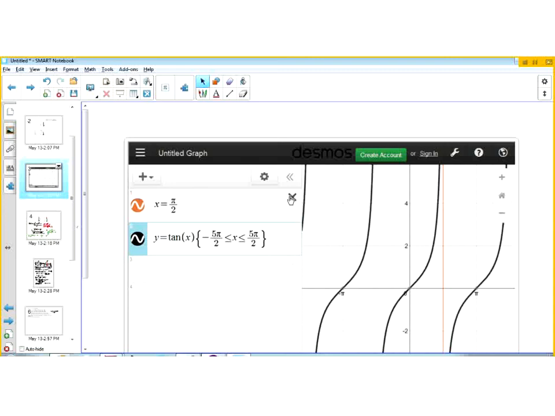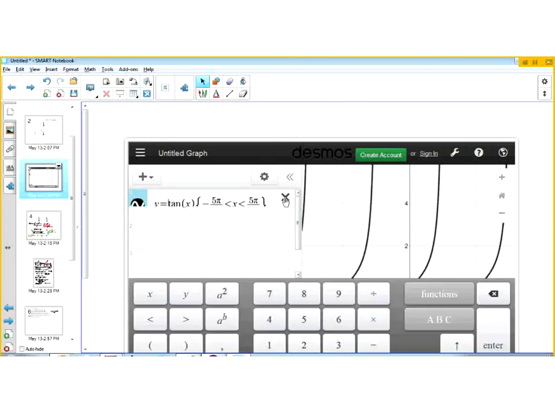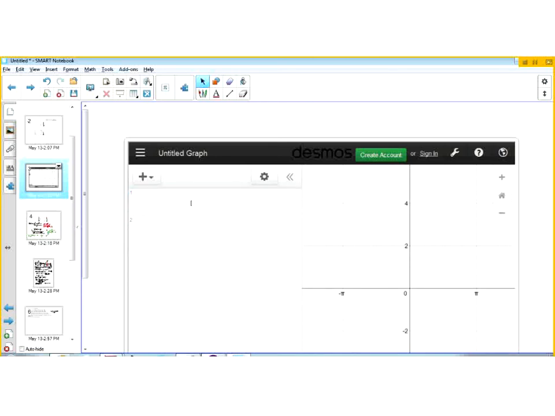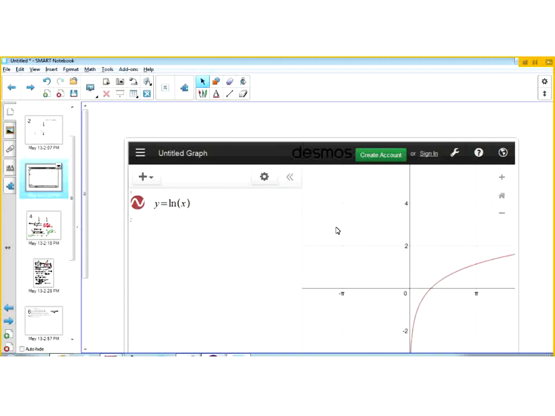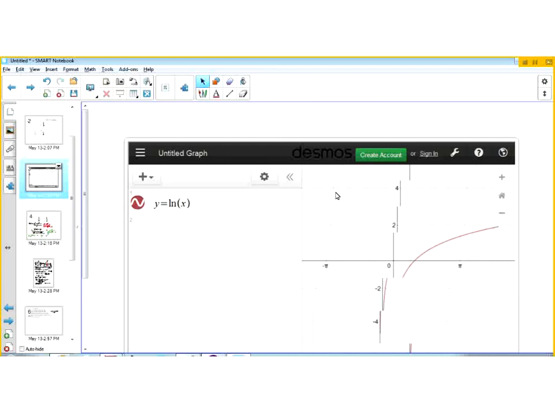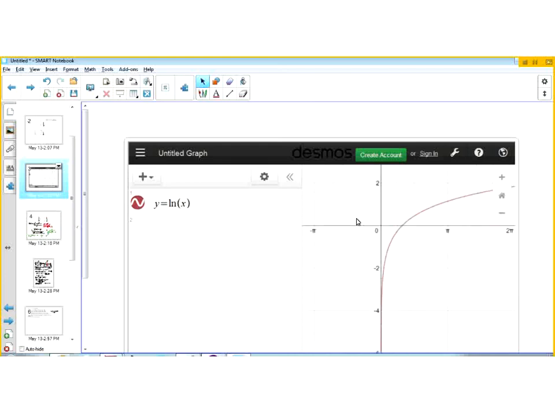All right, let's consider the natural log function. So let's plot y is equal to natural log of x, shown in red here. Now, clearly x has to be greater than 0 for the natural log function.